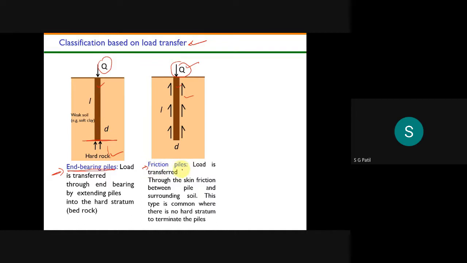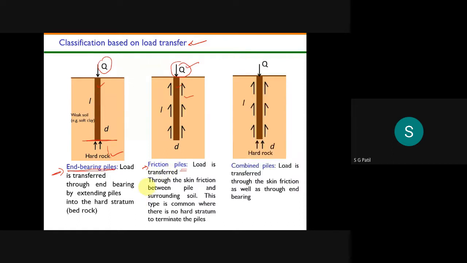These frictional piles are usually employed where hard rock is at a much deeper level, like more than 50-60 meters depth. Those are called frictional piles. Then the third type is combined, where you have frictional resistance as well as end bearing.